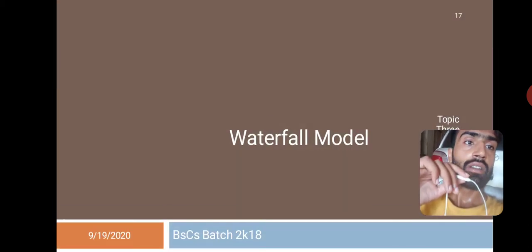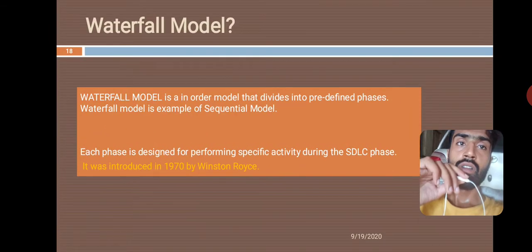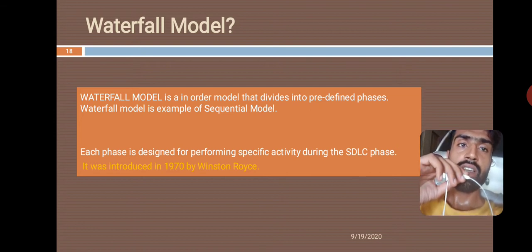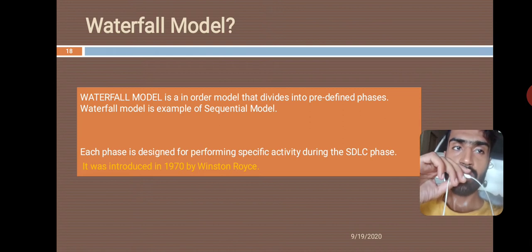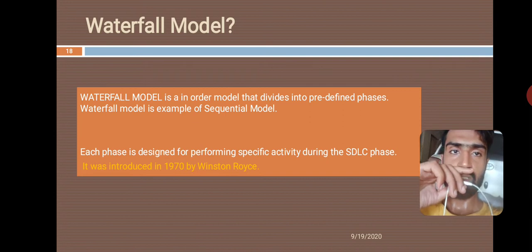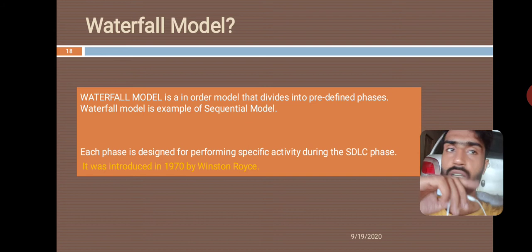Waterfall model, topic number 3. The waterfall model is another model that divides the work into predefined phases. The waterfall model is an example of a sequential model.